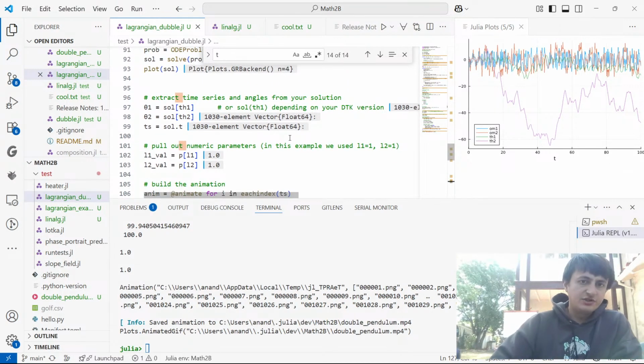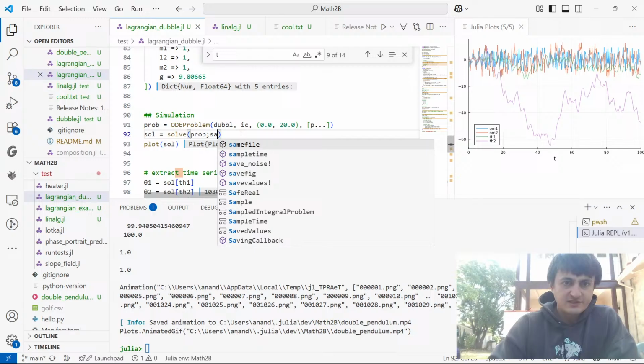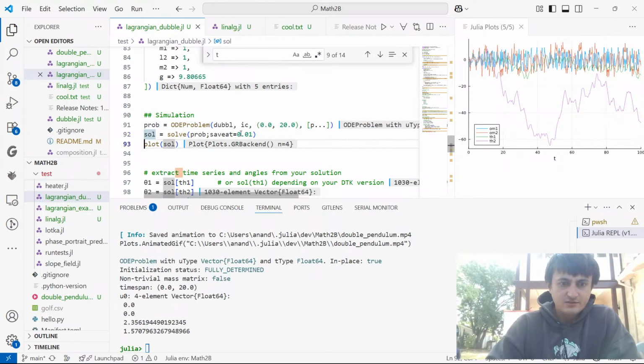Oh wait, you know what we could do actually? I think what we want to do is solve like this. It should detect the instability or whatever. And then we just want to do save at equals 0.01 or something like this.